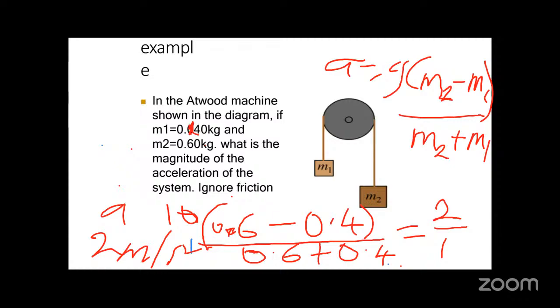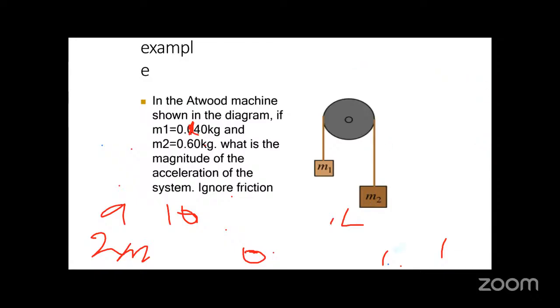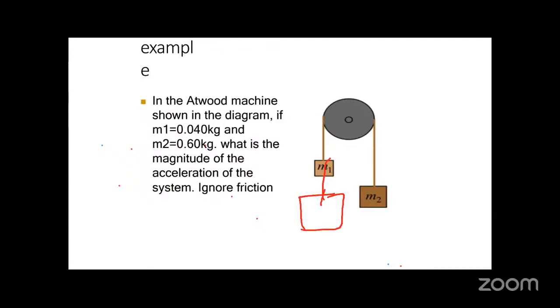Now, with what we have here, if this is M1, and then this is M2, and then M1 is 10 kg, while M2 is 5 kg.